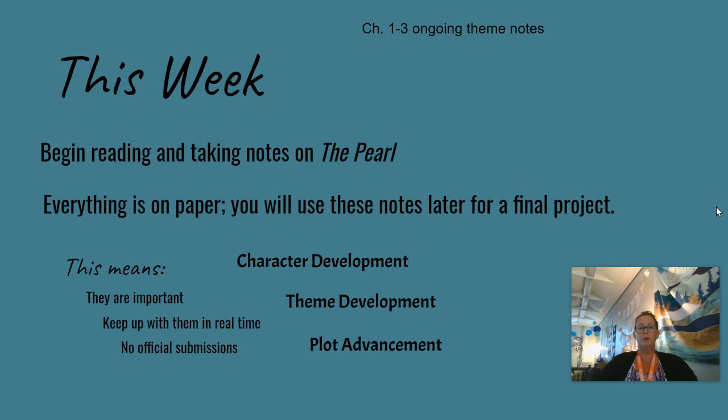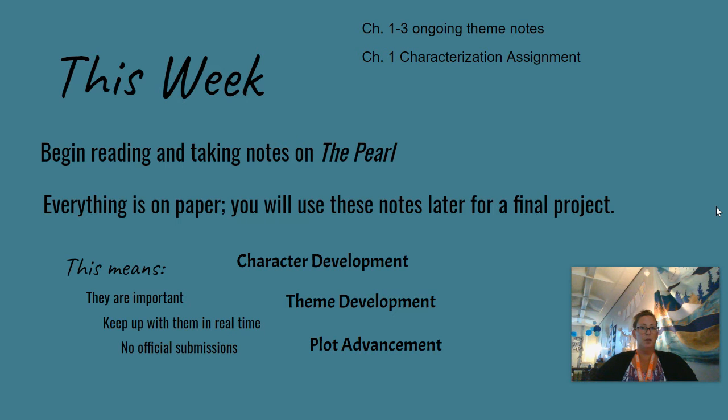If you'll also notice our rundown of the week here. For chapters 1 through 3, we're actually studying the story in two chunks. For chapters 1 through 3, which is our focus this week, we'll have ongoing theme notes. So those subjects that you chose to focus on as far as overall themes or motifs, you'll jot those things down as you notice them throughout your reading.